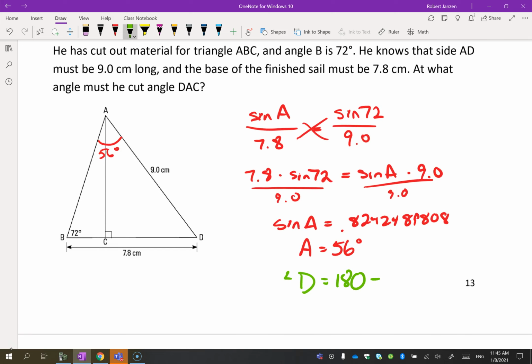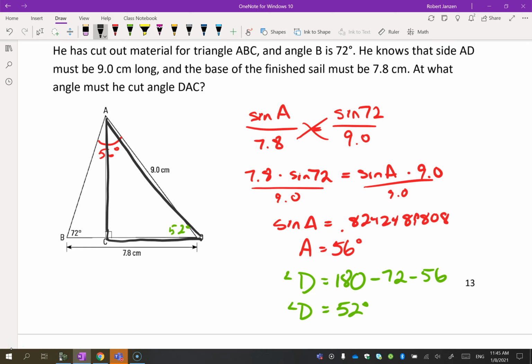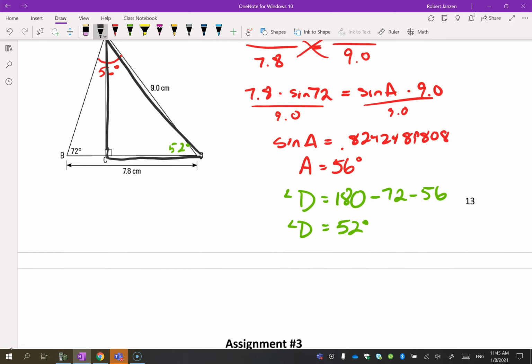is 180 take away 72 take away 56. So angle D is 52 degrees. Okay, so let's put that in here. Now I can actually find the angle that I'm supposed to find, because now I have some information about this triangle. Let me just draw it for you here.